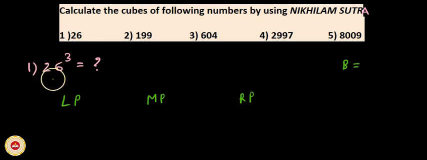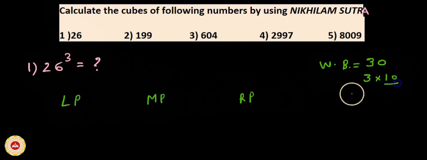Which is that working base? It is 30, because 30 is the nearest working base for 26. This is the working base. What is 30? It is a multiple of 10. 3 multiplied by 10 is 30. So 10 is the real base here.